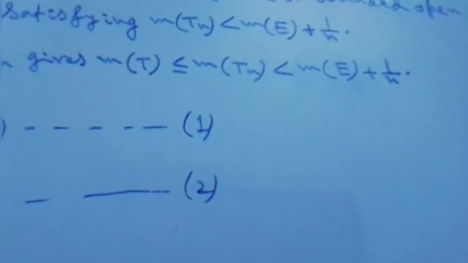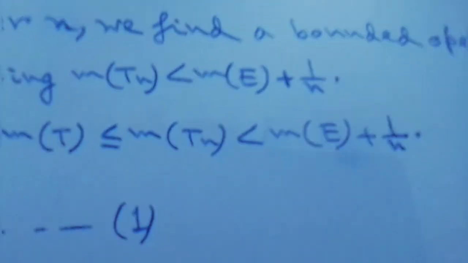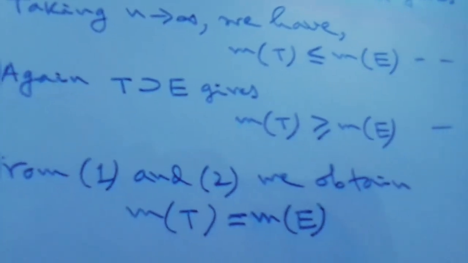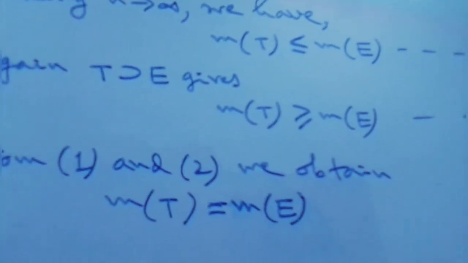That gives measure of T less than or equal to measure of Tn, which is less than measure of E plus 1 by n from the earlier condition. Taking n tends to infinity, we find measure of T is less than or equal to measure of E, equation number 1.